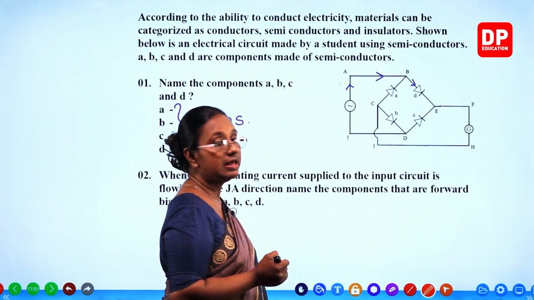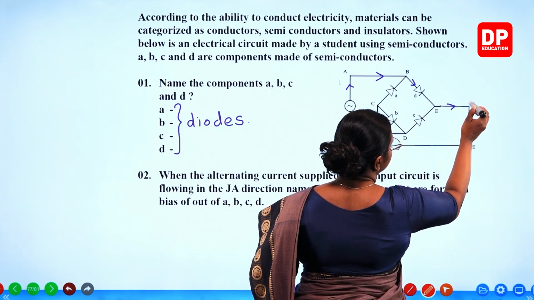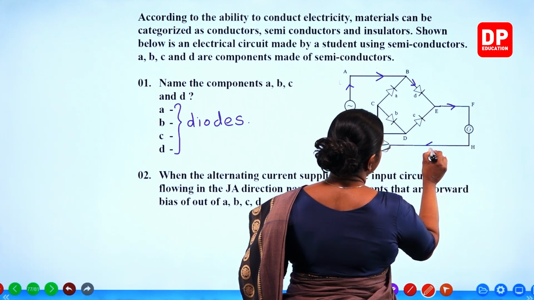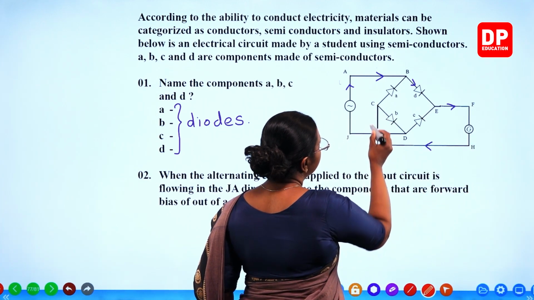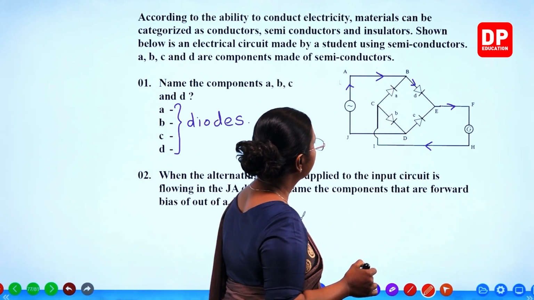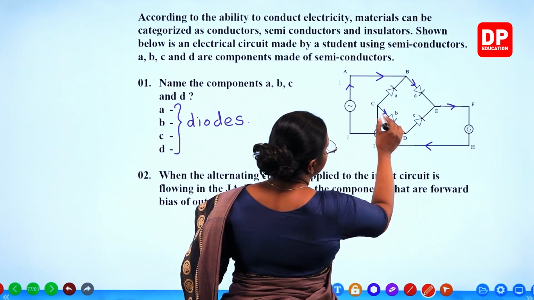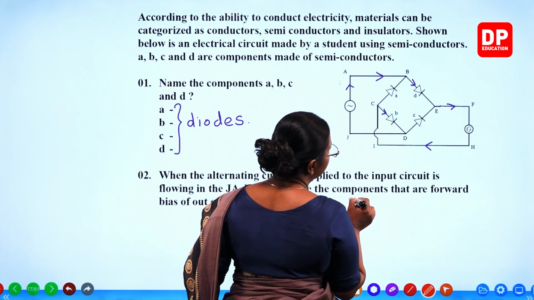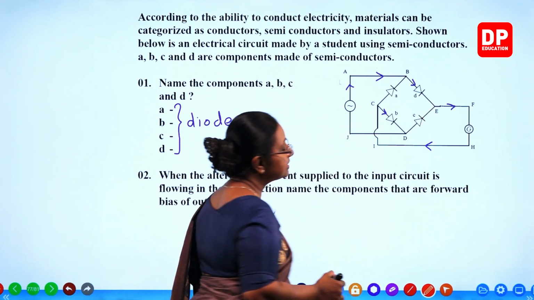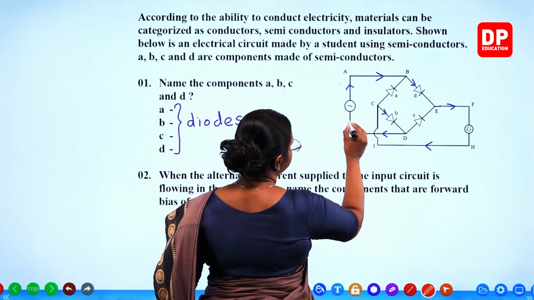A is going to be reverse biased. Then current comes to point E, flows to point F, to H, then back to point C. When it comes to point C again, you have A and B. Out of A and B, B is going to be forward biased. Then the current comes to point D. Again, C is reverse biased there.